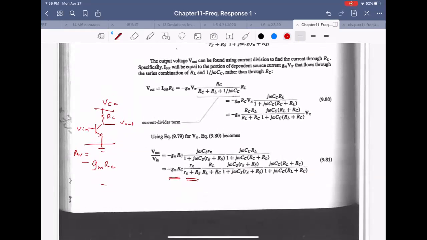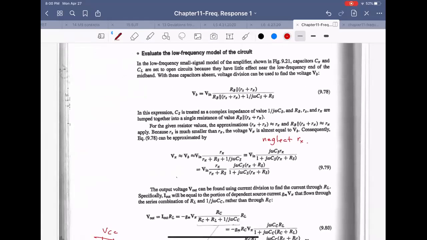If we have RS, and then VCC, V out, V in, RS like that, then because there's a voltage drop across RS, we have to have this term. And this term is if we have this RC, if we have RL here, like that.